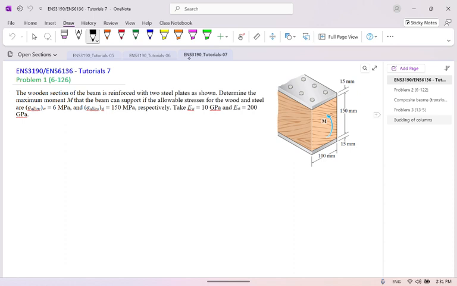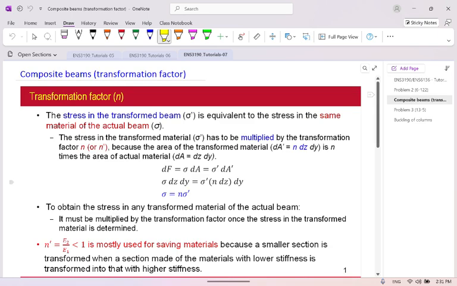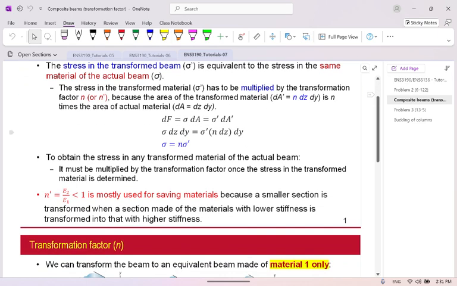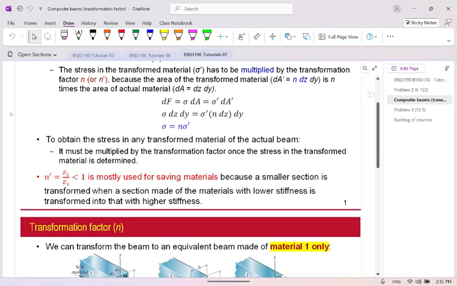Of course, this one is typically two parts, one with steel, one with wood, so it is a composite beam. For the composite beam, we mentioned that it could involve a transformation. The most important thing is that we get the idea of which way we should transform.